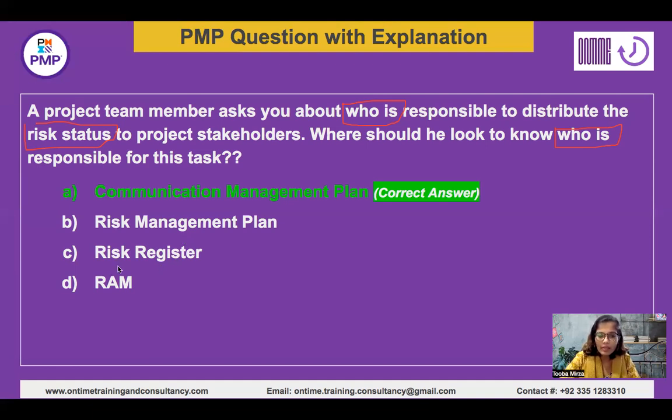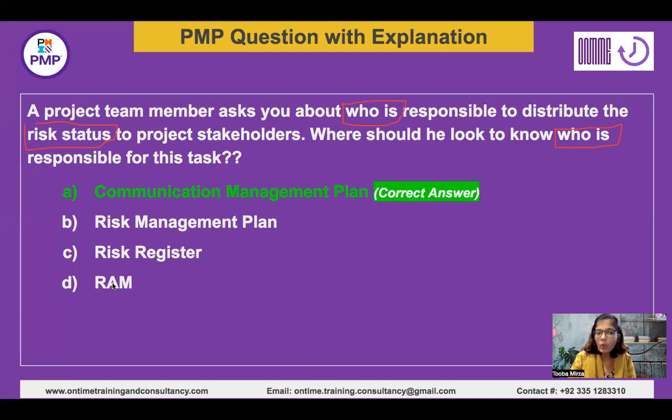First of all, let's talk about the risk register and the RAM, that why they were incorrect choices. Most of the audience who attempted that poll chose risk register as the answer choice, and risk register definitely is not the answer. Let me tell you why. Because risk register has that risk owner column, I agree.